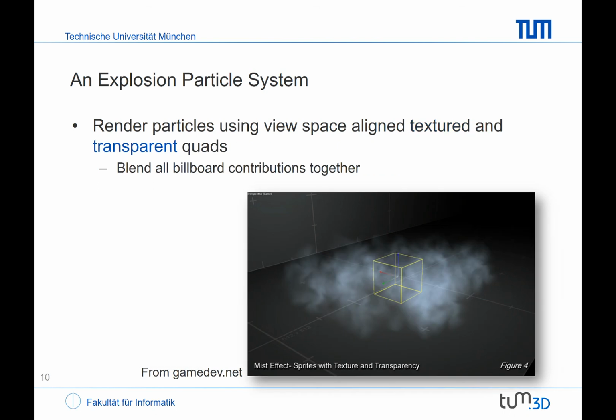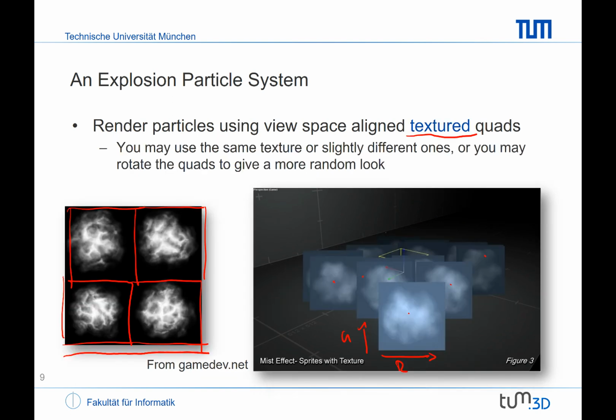So now you render the particles using these view space aligned textured quads, and in addition, you now interpret the quads as transparent quads, and you blend all billboard contributions together. And that is then what you see here in this image. That is essentially what you see here, but here we didn't use transparency. Now all the textured quads are treated as opaque quadrilaterals.